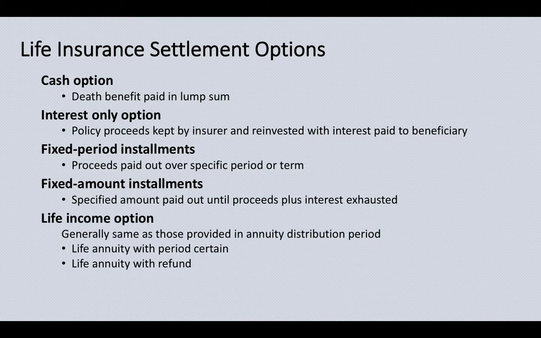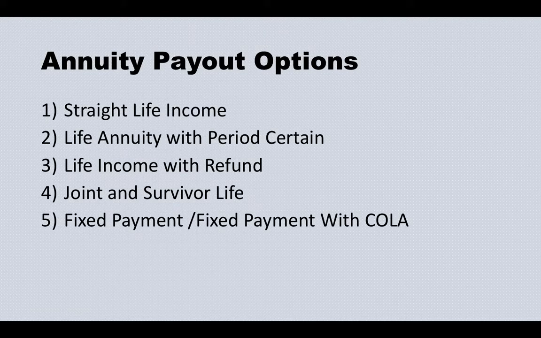Life income options. The insurer can promise you a life income. This is very similar to the annuity payout option, where you can get a straight life income. Say on your $1 million death benefit, we're going to pay you $100,000 per year for the rest of your life.